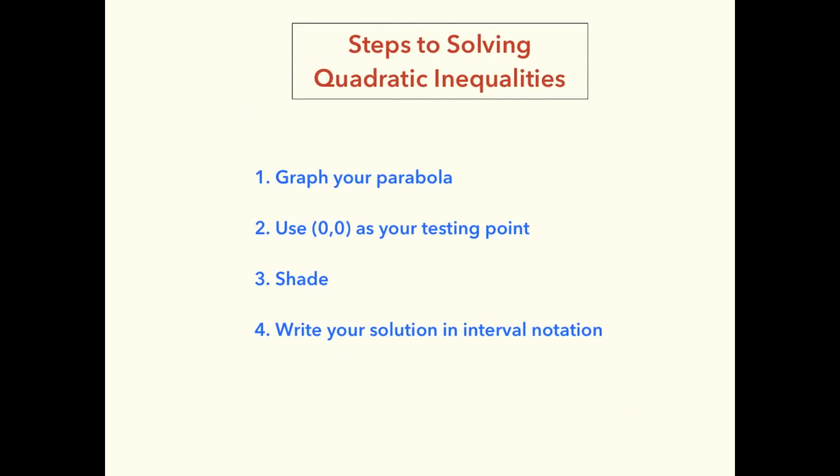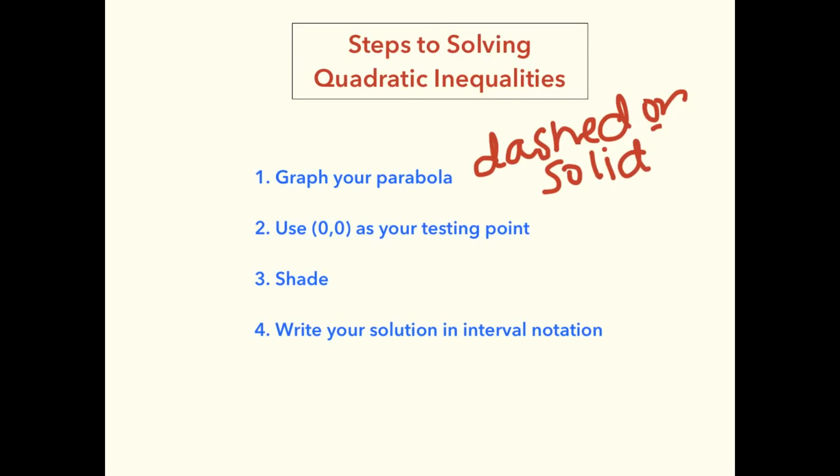So the steps that we use to solve quadratic inequalities: graph your parabola. Remember, do I have a dashed line? Do I have a solid line? Then you need to use (0, 0) as your testing point. Plug in (0, 0) for x and y, and figure out if your statement is true or not. Then we want to shade.